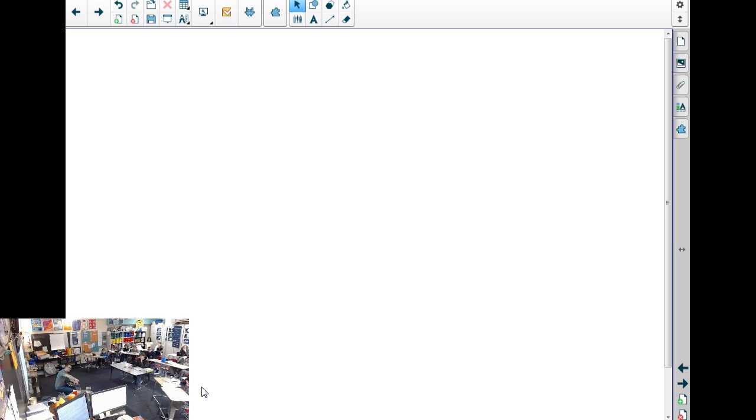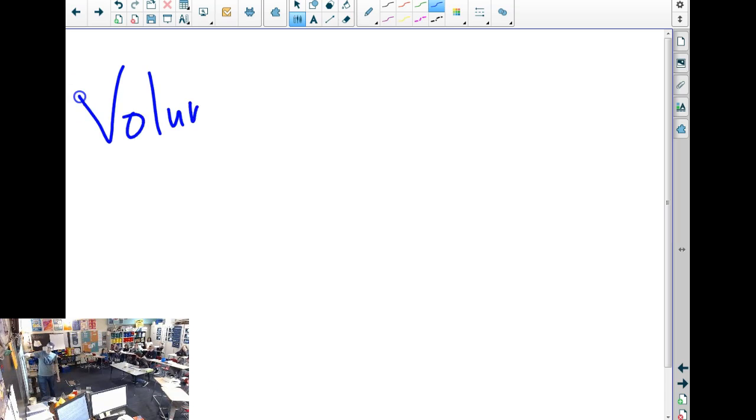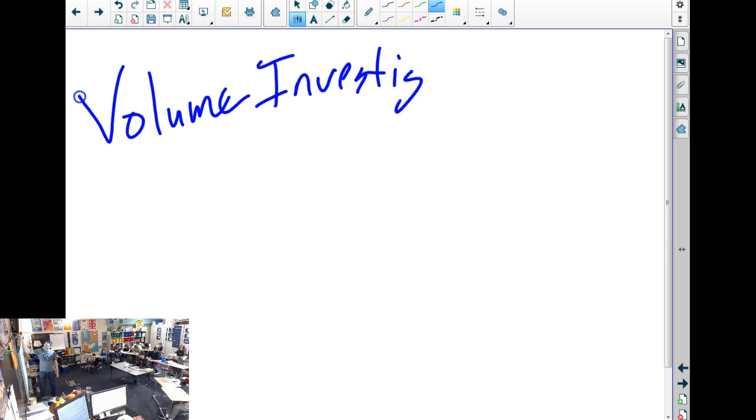Our pyramid takes up 1/3 of the volume. Now, wait, think about this. I said 3/4. Hold on, write on your paper, volume investigation. Let's say volume investigation.